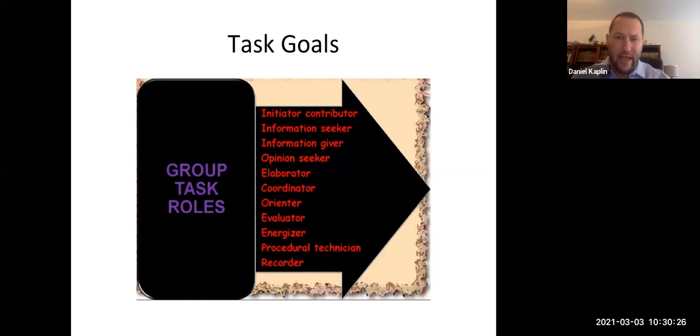We talked about gathering information, information seeking, information giving. They might offer opinions, right? Or seek opinions from others. They might elaborate. Elaborate is to expand upon. They might be a coordinator within the group, an orienter, an evaluator, an energizer.